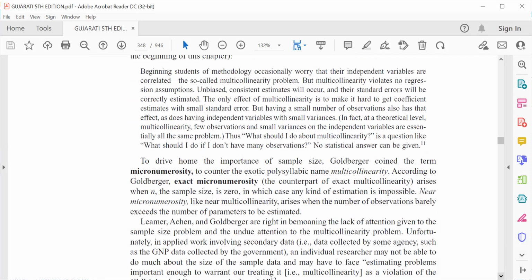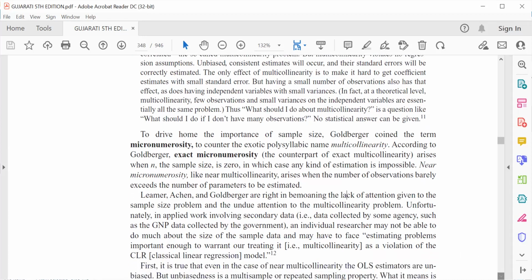According to Goldberger, exact micronumerosity, the counterpart of exact multicollinearity, arises when the sample size n is 0, in which case any kind of estimation is impossible. Near micronumerosity, like near multicollinearity, arises when the number of observations barely exceeds the number of parameters to be estimated. So please find a large sample size to avoid this problem.